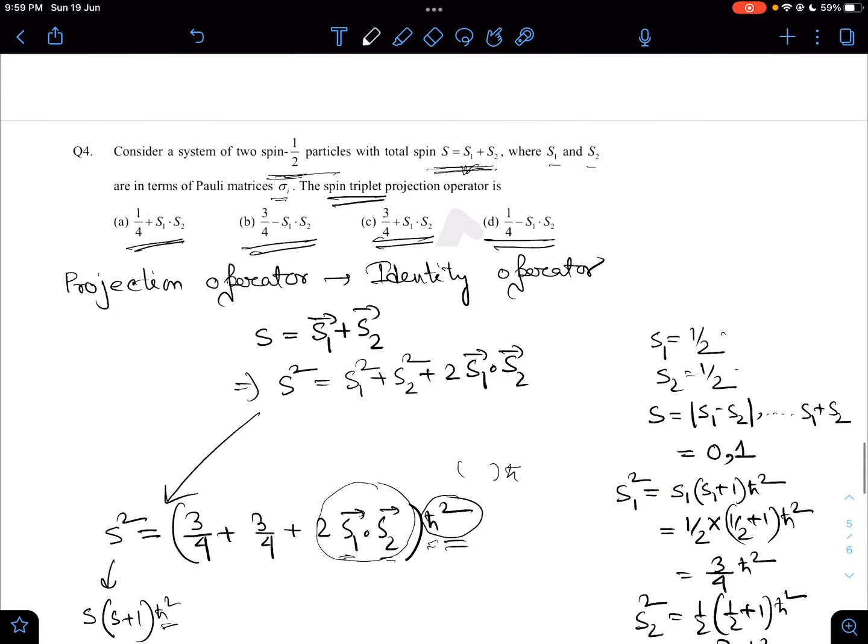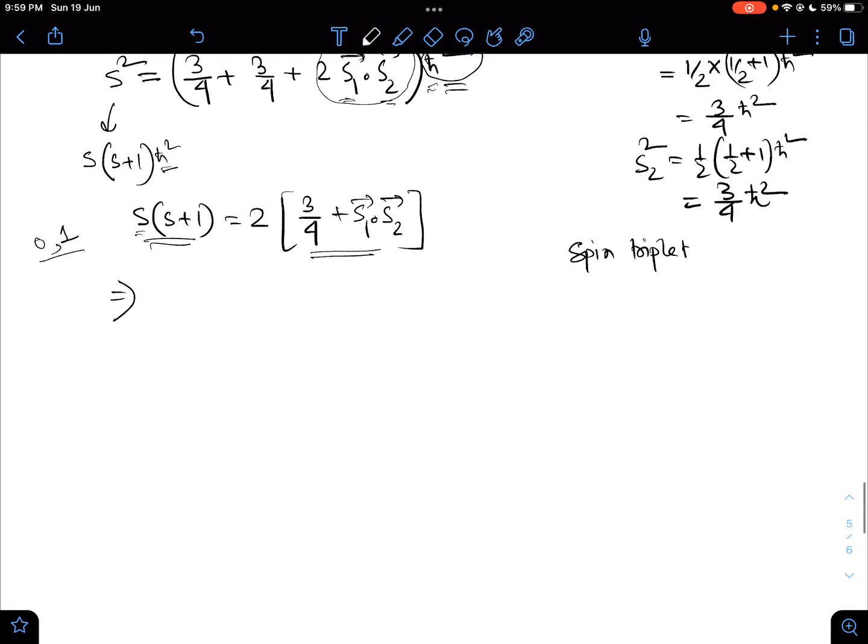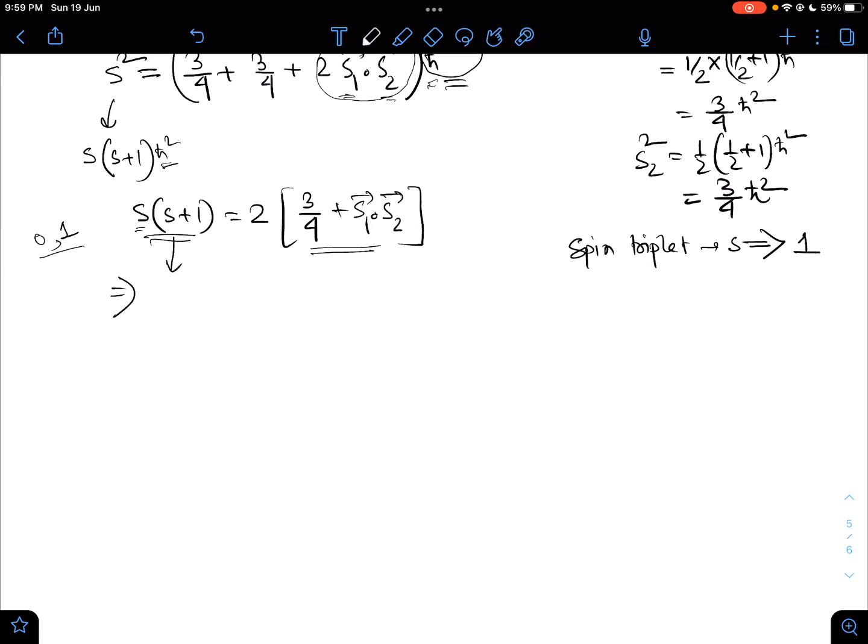For spin triplet, we know that S's value has to be 1. If we replace S with 1, we get 1 into 1 plus 1, which is 2, 3 by 4 plus S1 dot S2.